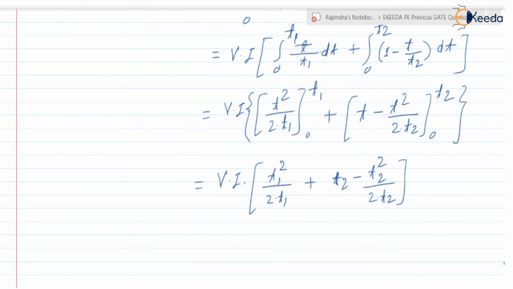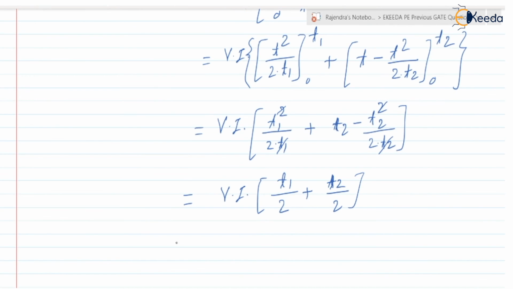Is this clear? One t1 will get cancelled, one t2 will get cancelled, so it is V into I into t1 by 2 plus t2 minus t2 by 2, that is t2 by 2. So we can write it as V into I divided by 2 into t1 plus t2.